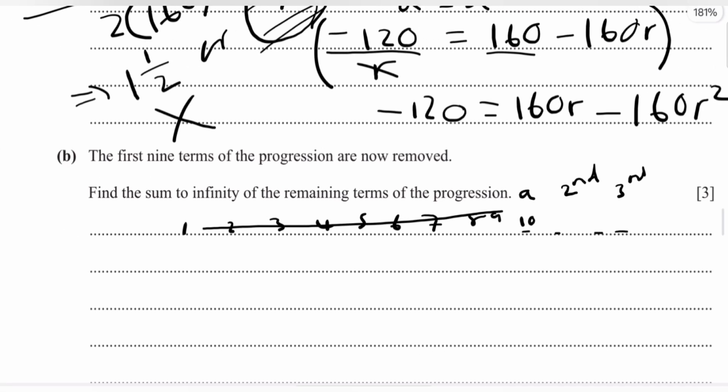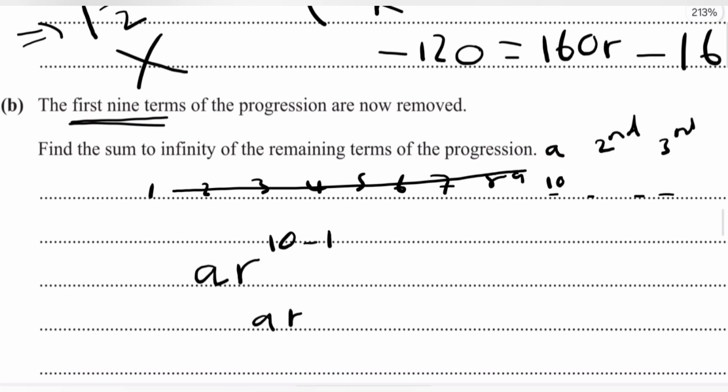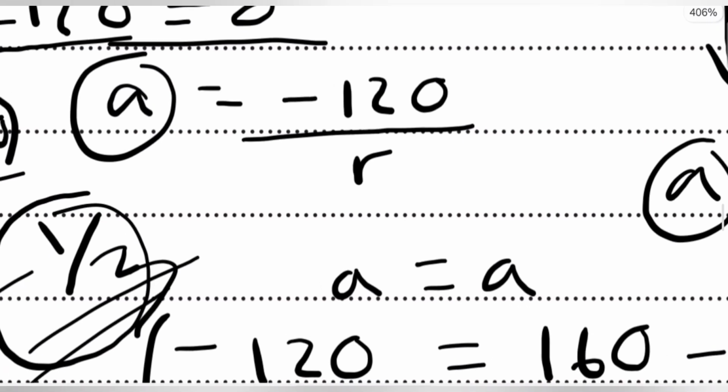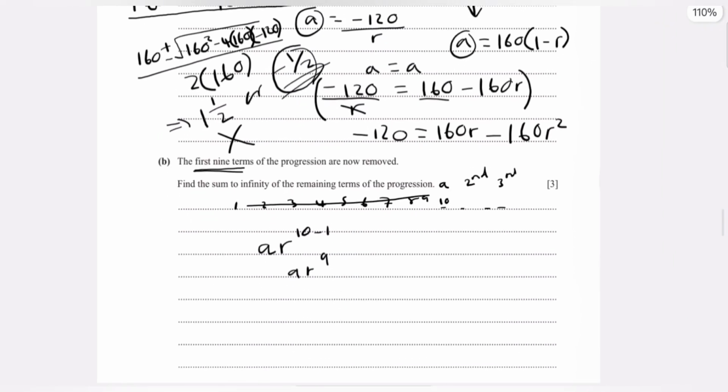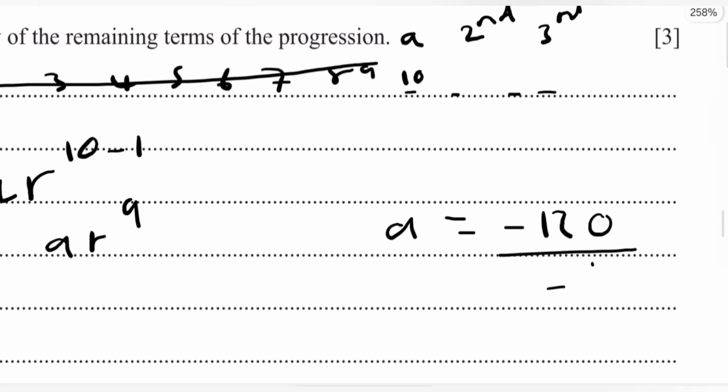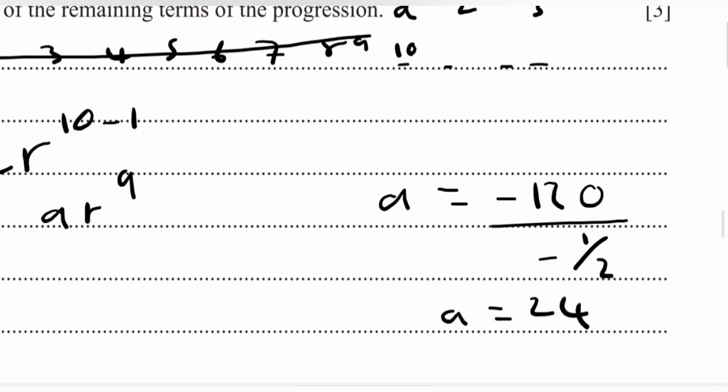So we're going to try and get the 10th term of the first progression, when we had the 9 terms. So that's ar to the power 10 minus 1, so that's ar to the power 9. And our a from here, a is minus 120 over r, which is this. That's 240. A is 240.